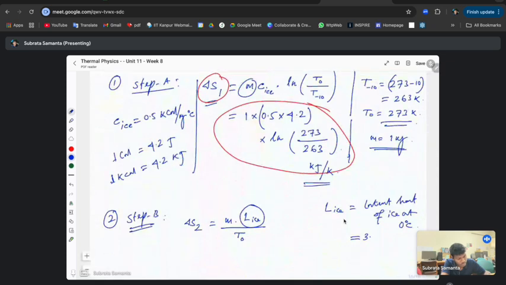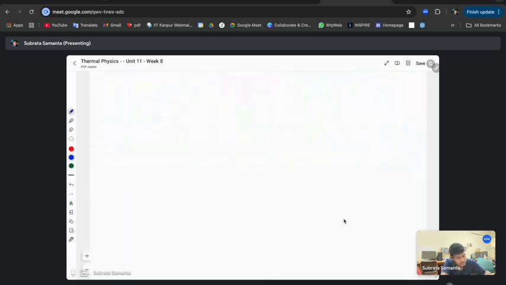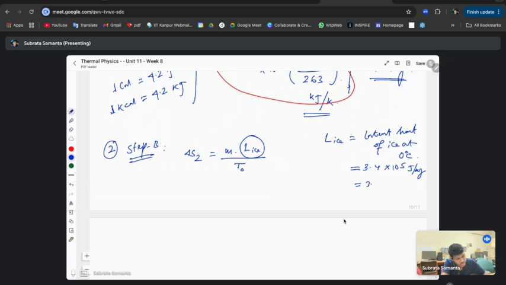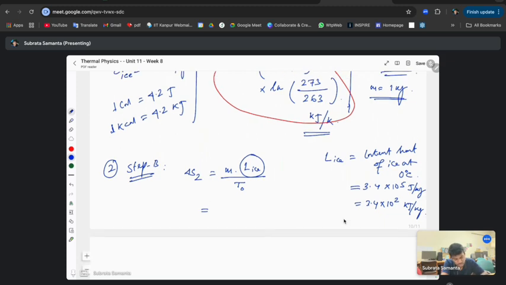So 3.4 times 10 to the power 5 joule per kg, converted to kilojoule, is 3.4 times 10 to the power 2 kilojoule per kg. We know T naught is 0 degree centigrade, so 273 Kelvin, and m is 1 kg, so 1 times 3.4 times 10 to the power 2 over 273.